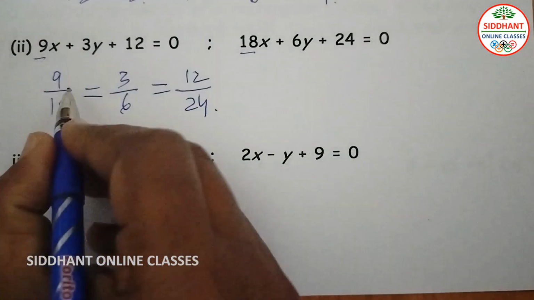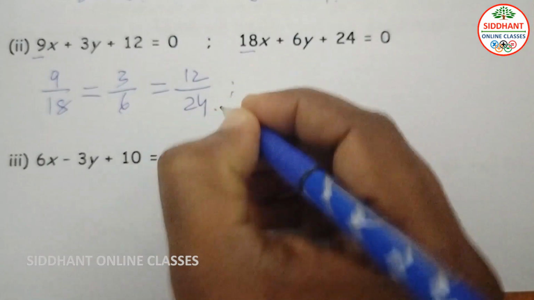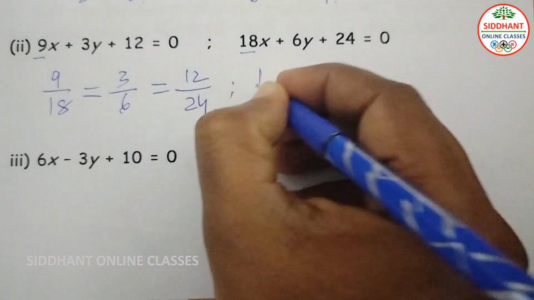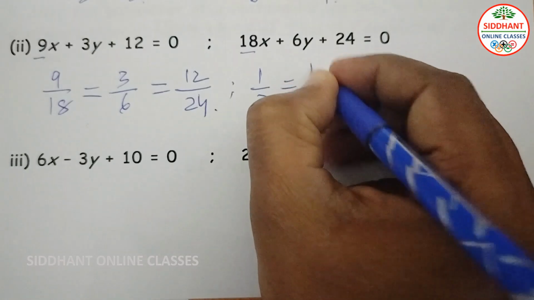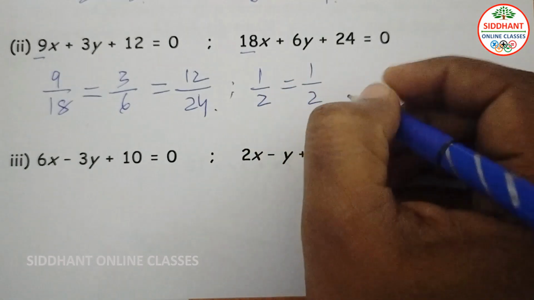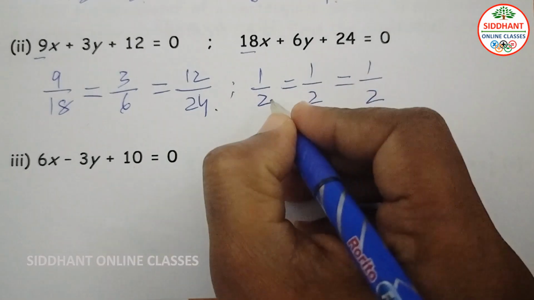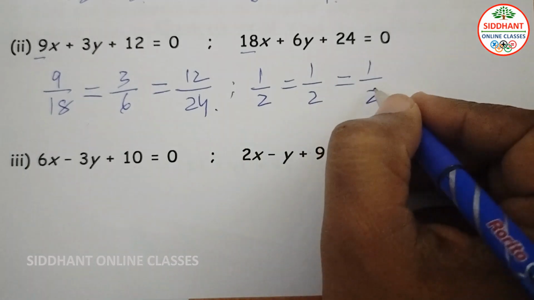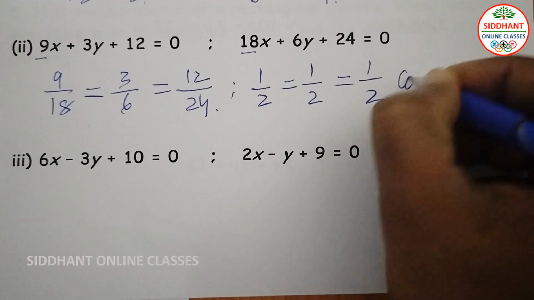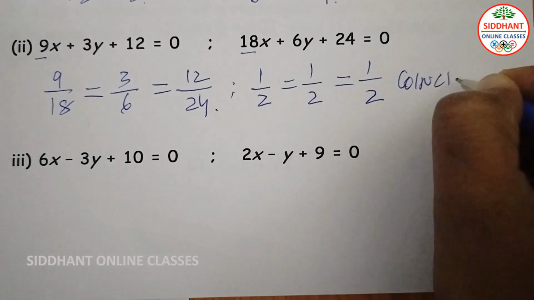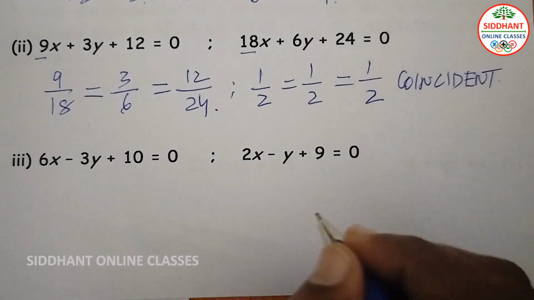Upon simplification, a1 by a2 will be 1 by 2, b1 by b2 is 1 by 2, and c1 by c2 is also 1 by 2. So all three are equal to each other. That means the two lines coincide with each other.